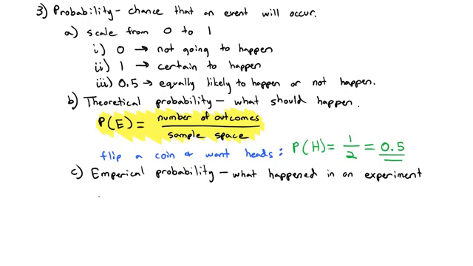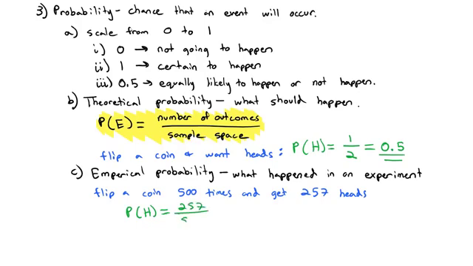So this is the example of maybe I flip a coin 500 times, and I end up getting 257 heads. Because in actual practice, the probabilities aren't perfect. I'm going to get a few more heads or a few more tails. It's not going to be exactly even. And so in this case, the probability of a heads as an empirical probability or an observed probability is 257 out of 500, which is 0.514.